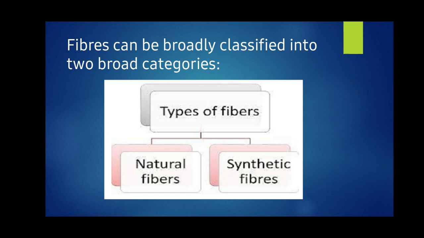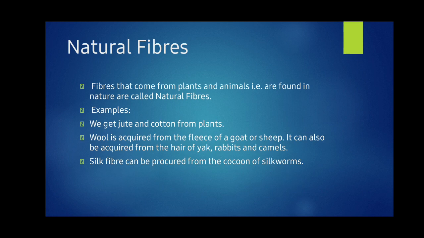In the previous year, in class 6, you may have seen about natural fibers, the fibers that are obtained from plants. So what is natural fiber? Fibers that come from plants and animals and are found in nature are called natural fibers. For example, we get jute and cotton from plants.